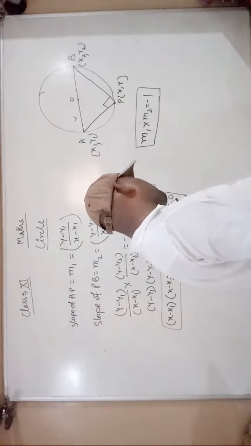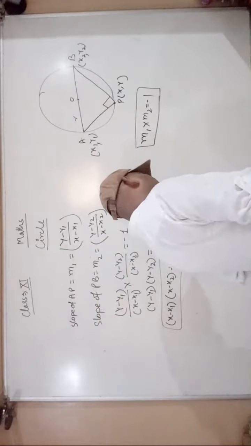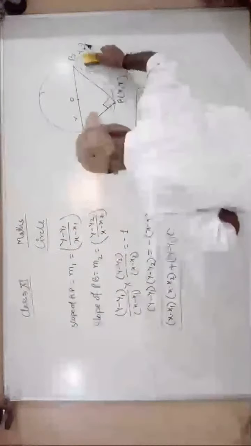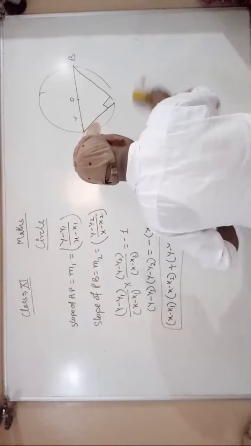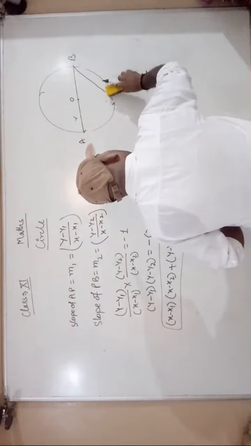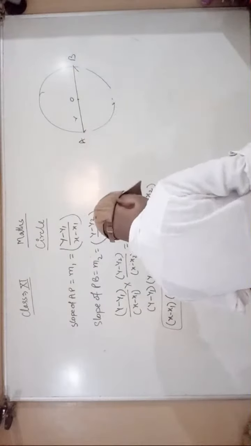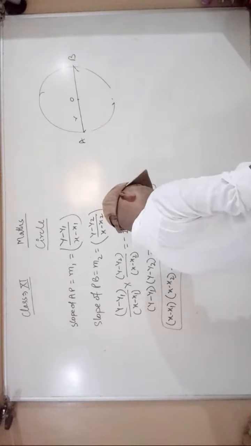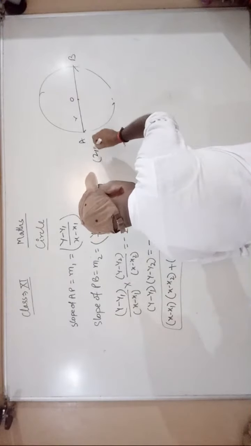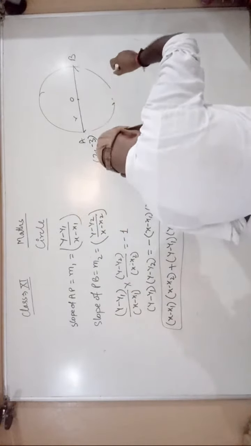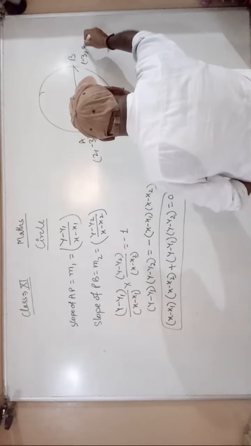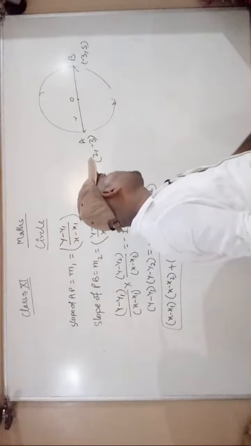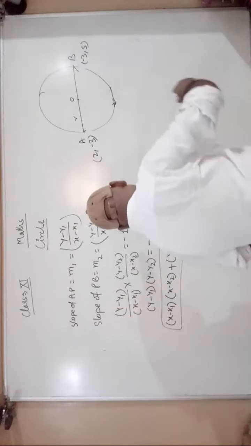Let me discuss an example based on this. Find the equation of a circle, the end points of whose diameter are (2, minus 3) and (minus 3, 5). Now the radius is not given, so we need not use the radius in this formula.